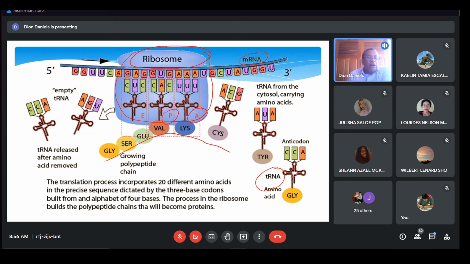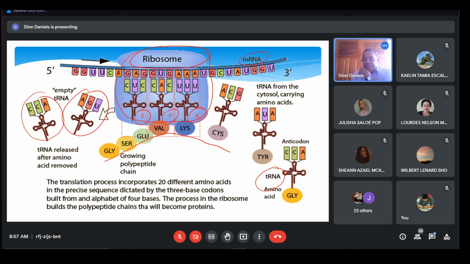After it releases the amino acid to the growing polypeptide chain, this transfer RNA will exit the ribosome from the exit site. What we have here on the left would be empty transfer RNA. It means that they have done their job of bringing the corresponding amino acid to the ribosome to build up the polypeptide, and they exit without the amino acid. They are released from the amino acid, and now they can go and pick up other amino acids.